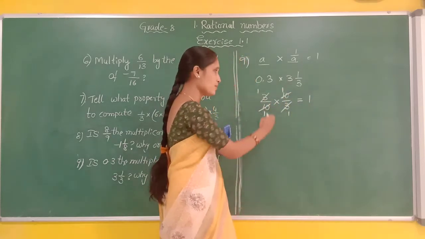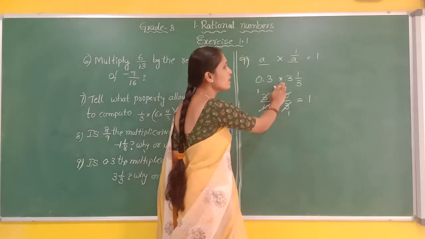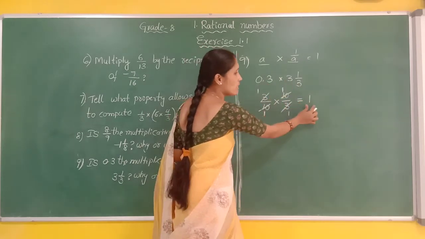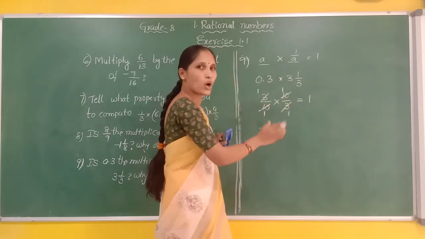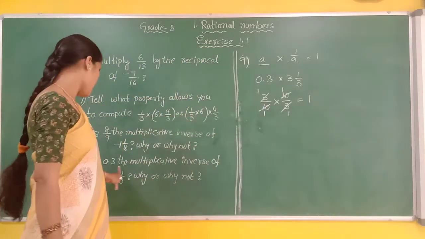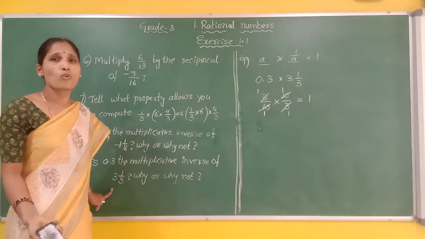Yes children, the product of these two numbers, one is 0.3 and the other is 3 1 by 3, is equal to 1. Yes, these two numbers are called multiplicative inverses of each other. Now the question: is 0.3 the multiplicative inverse of 3 1 by 3? Yes. Why?